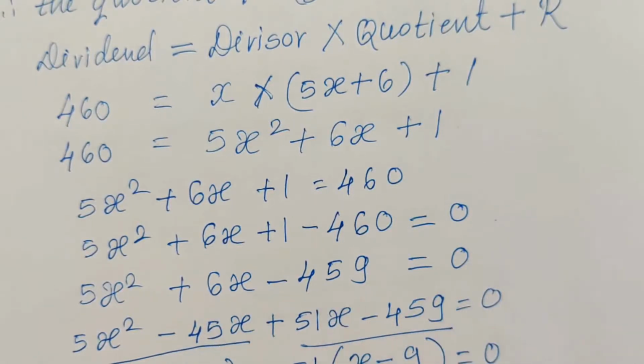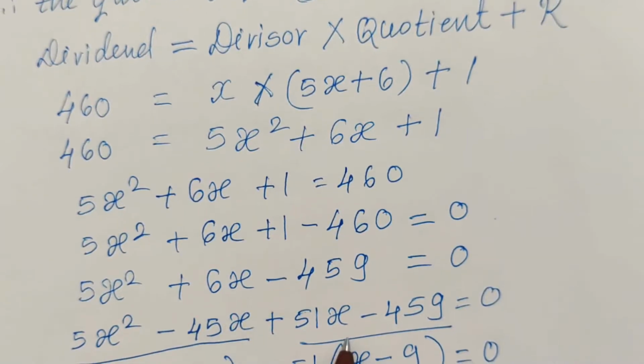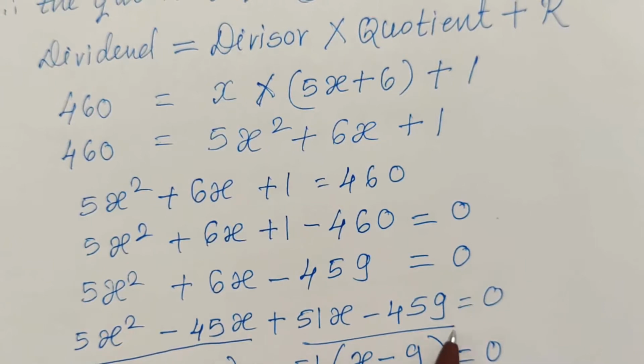I showed you the rough calculation. That means that is an easy thing. Instead of taking the product, the factors which we got are minus 45 and plus 51. So minus 45 plus 51, the sum is plus 6. Split the middle term with this, and then here is the first group and this is the second group.